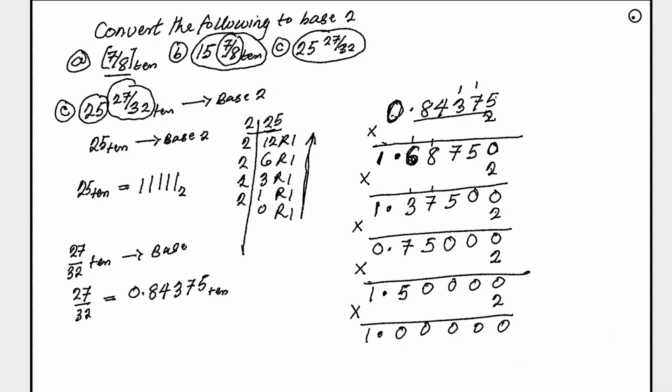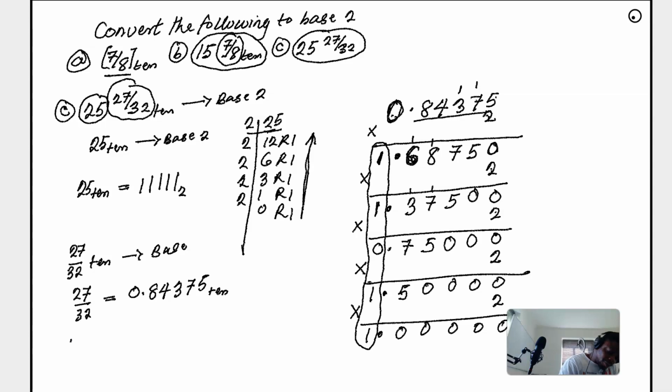Now, your solution on the fractional part becomes this. So, 27 over 32 in base 10 is equal to, remember, before you write your solution for the fractional part, you always put 0 point because 0 takes care of the whole number part. So what is the solution for the fractional part? 11011 base 2.